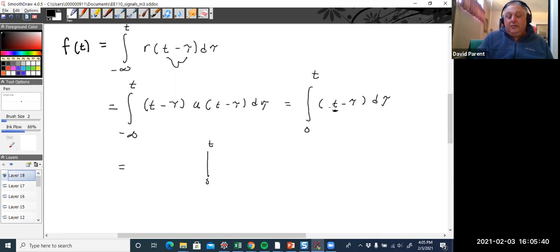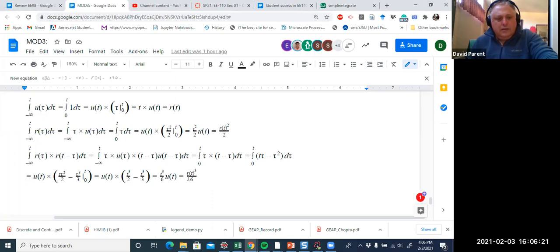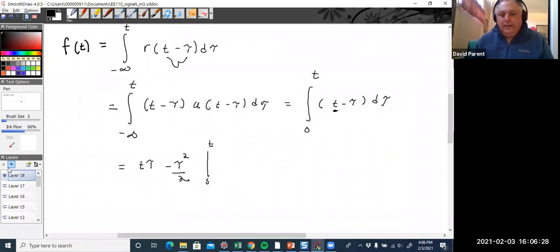So the integration of t as if it were just in relation to tau is what? t tau.